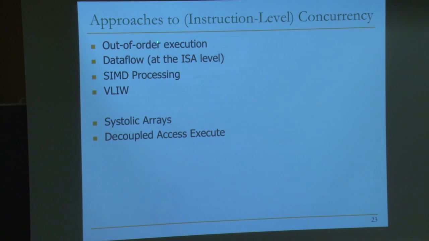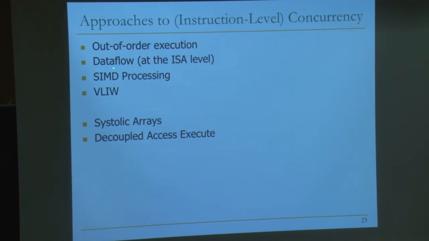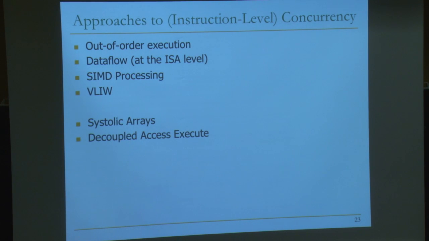These are some of the approaches to instruction-level concurrency, basically. How do you figure out dependencies between independent instructions and execute them concurrently somehow? Out-of-order execution is one. Dataflow at the ISA level is another one. We'll talk a lot about SIMD processing, single instruction, multiple data, and very long instruction word, which you're familiar with by now a little bit. We're going to cover that a little bit more.